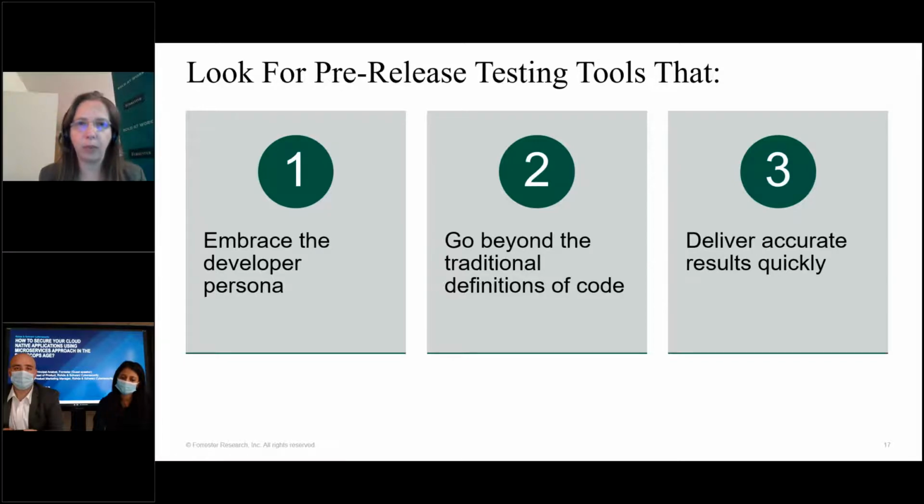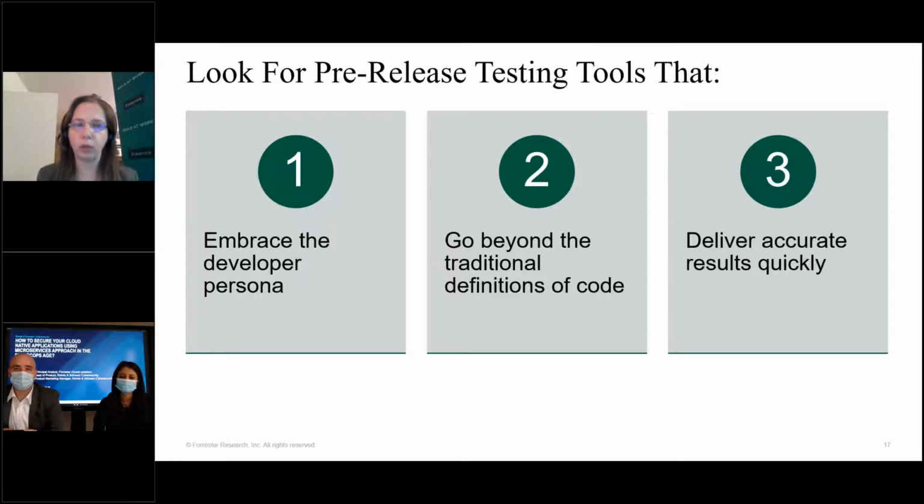I talked at the beginning of this webinar about APIs. I mentioned low code. I mentioned open source. We need pre-release testing tools that cater to the way that developers build applications today. A testing tool that doesn't support APIs isn't going to be particularly helpful if your application is API first.